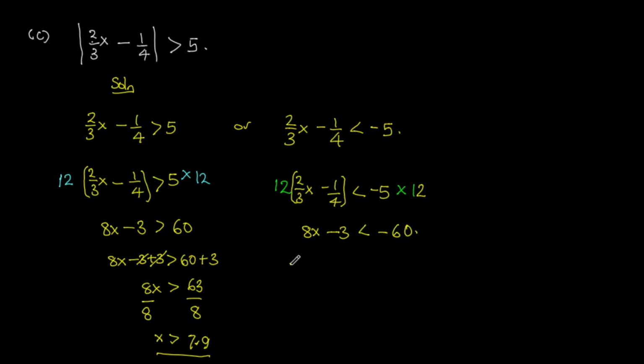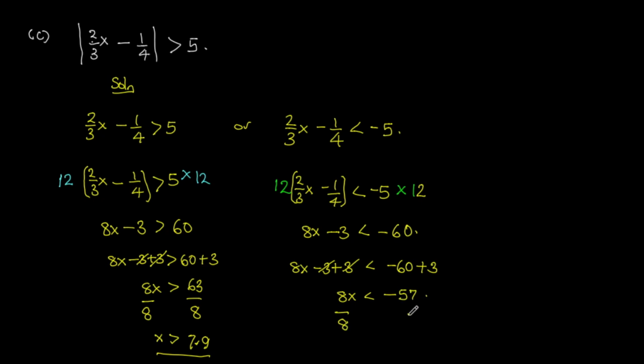Collecting like terms again, our 8x − 3 + 3 is less than negative 60 + 3. This one cancels, and we have 8x is less than negative 57.